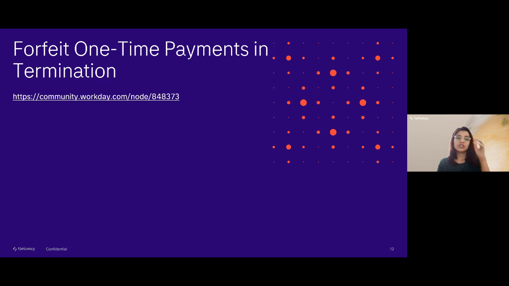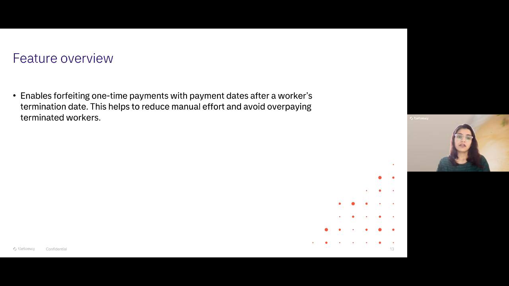Now the next feature is forfeit your one-time payments in termination. So any future dated one-time payments that you are doing for your terminated employees can now be forfeited, and any manual effort or any risk of overpaying these terminated employees can now be avoided.